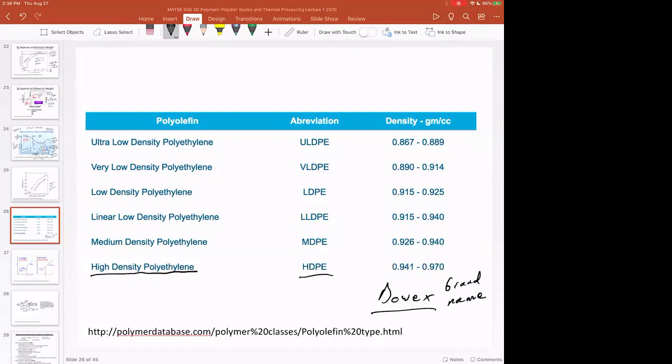You'll have a technical abbreviation. You'll have a technical name.